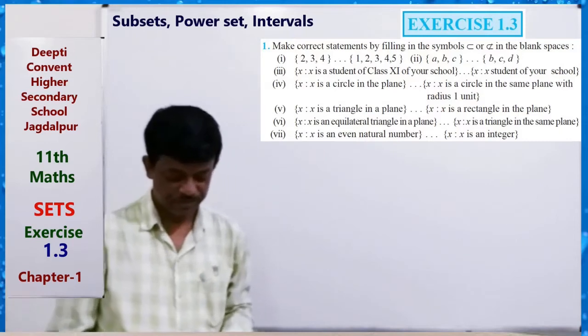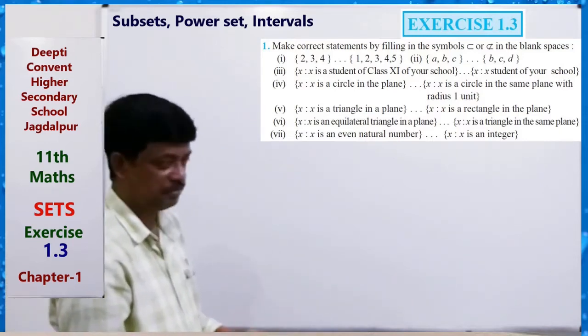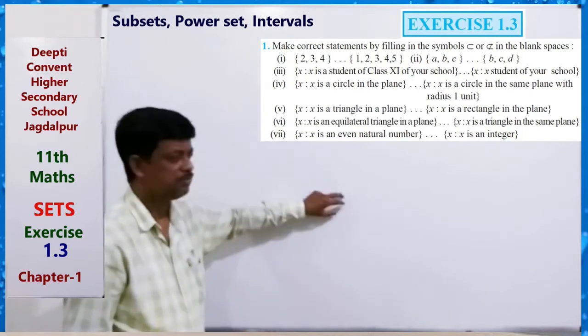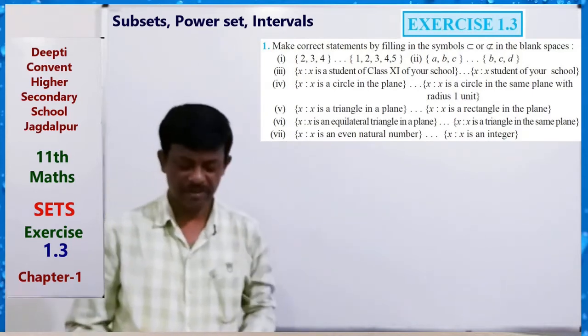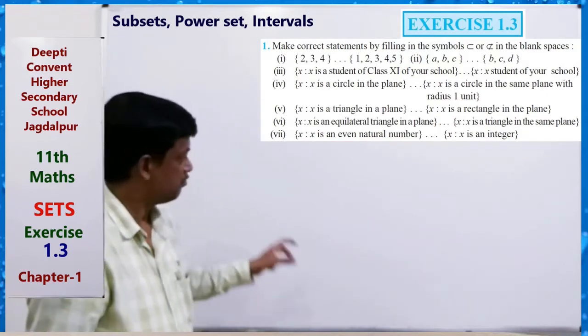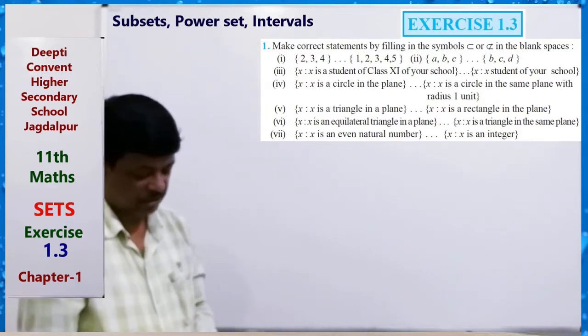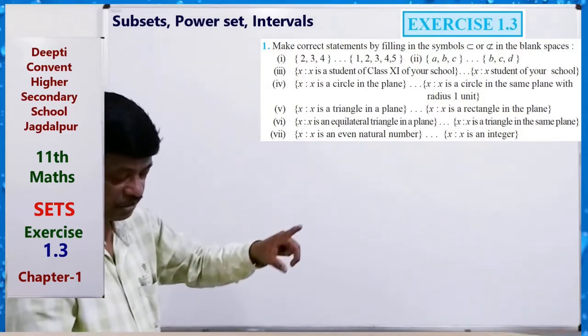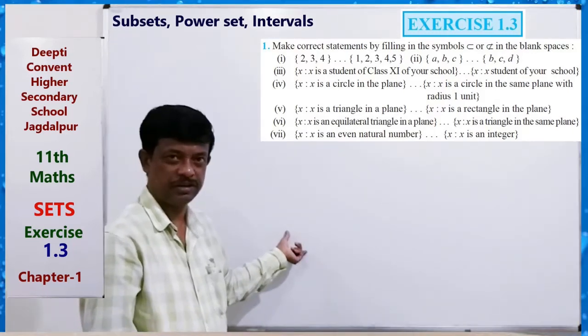So, fourth question: X is a circle in a plane. In a plane, infinite circles are there, so a set of circles. And another set is X is a circle in the same plane with radius 1 unit.